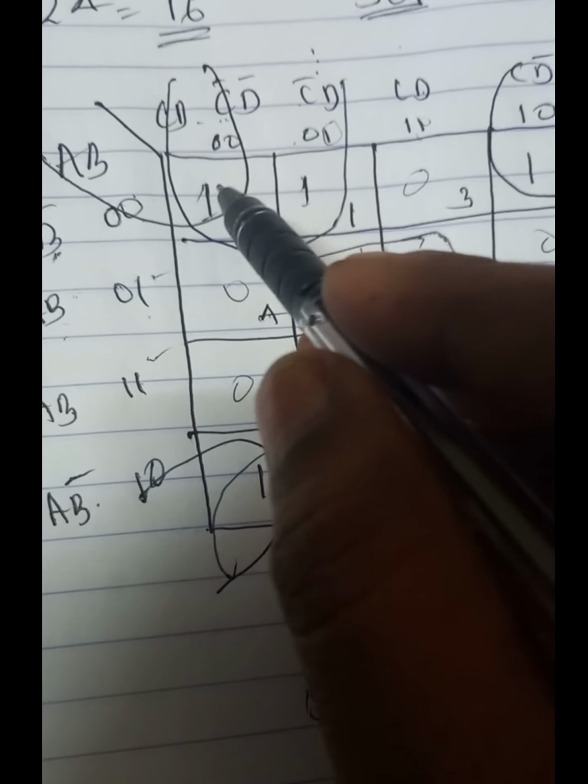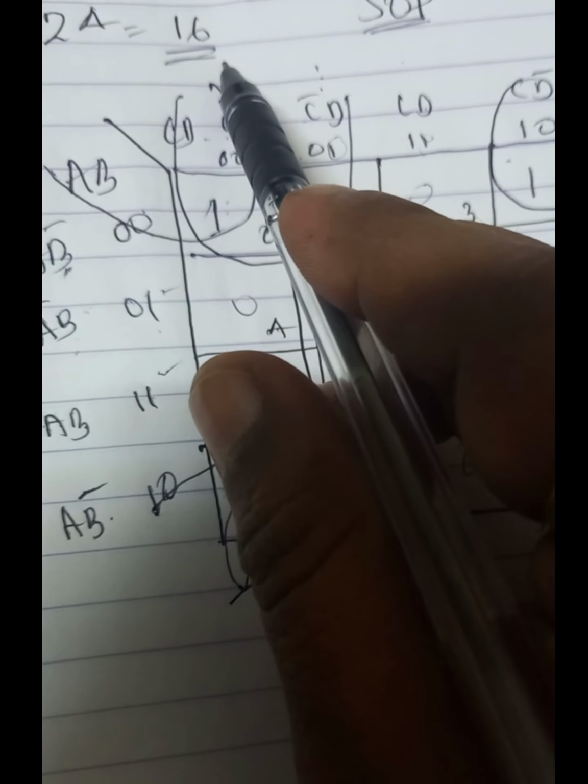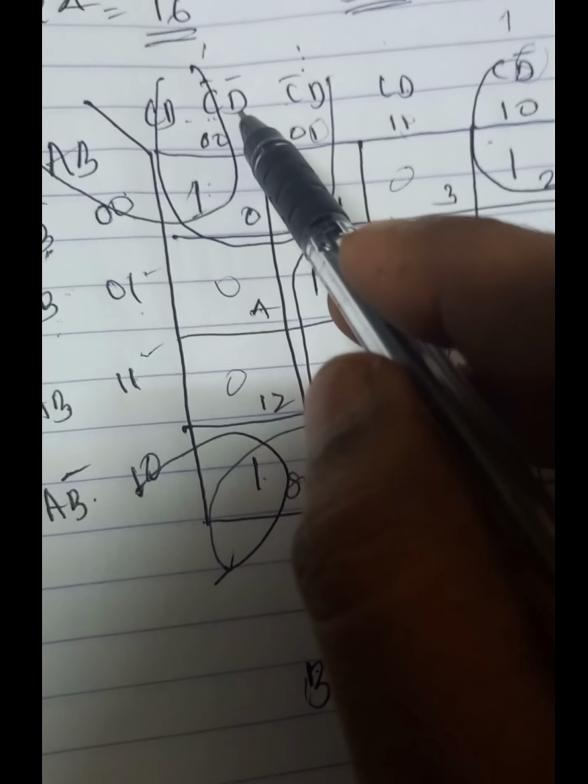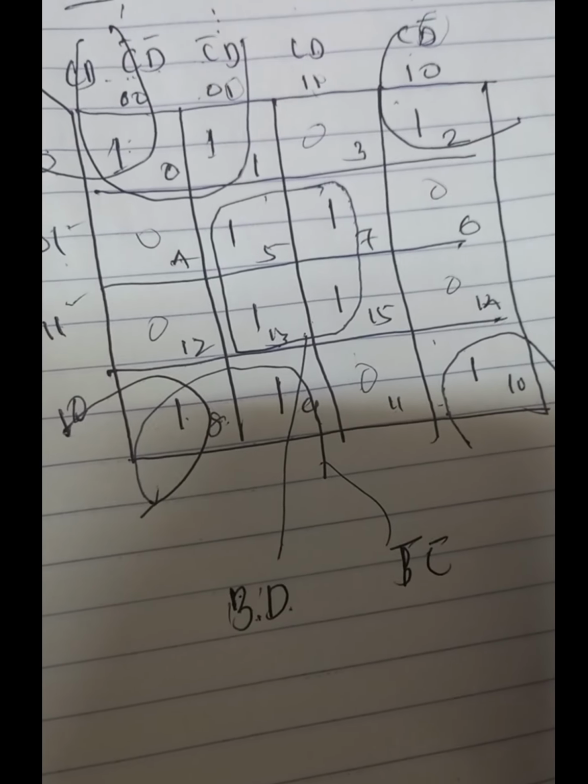A keeps changing its state from A to A bar, so we don't consider it. We just take B bar as the common term. Also, these 4 corner cells belong to the first column and the fourth column. The common term there is D bar, 0 0. The common term is D bar.